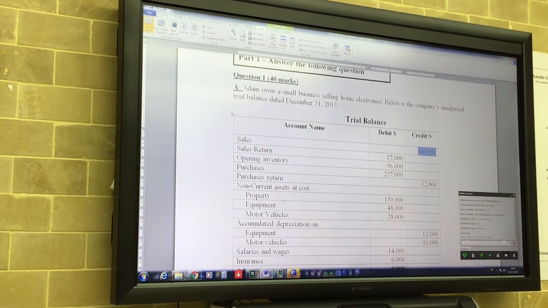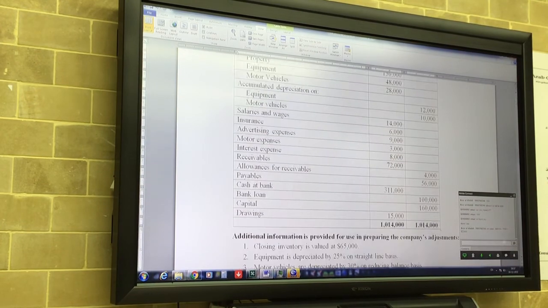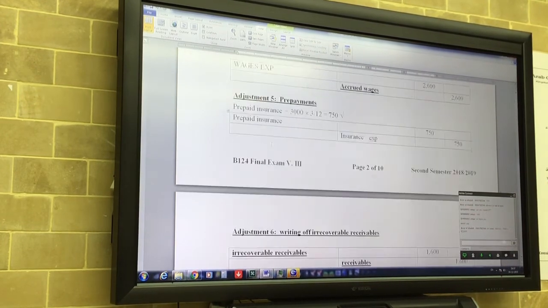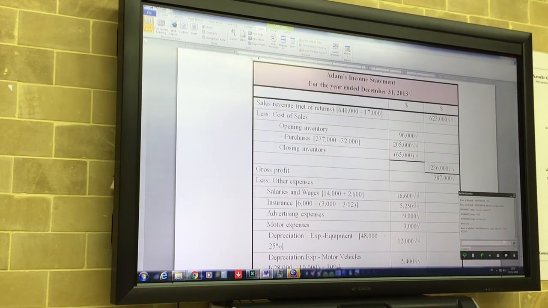So here we find sales return. Is there anything else? Sales minus sales return, you will get the net sales. How did we get the number 623?